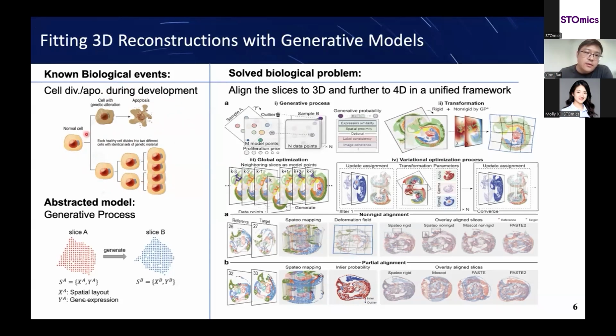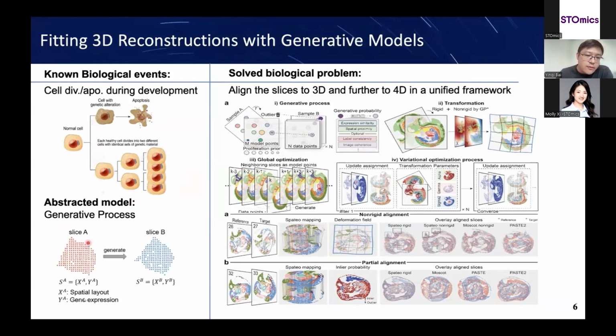So in the algorithm field, it can be represented as 1-to-0 alignment, 1-to-1 alignment where the place of the cell is changed, and 1-to-multiple, 1-to-many alignment. So the registration or alignment process can be changed to a generative process.